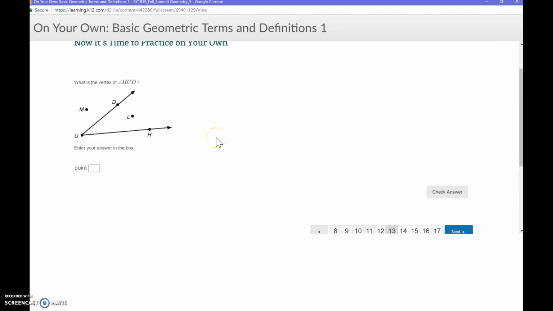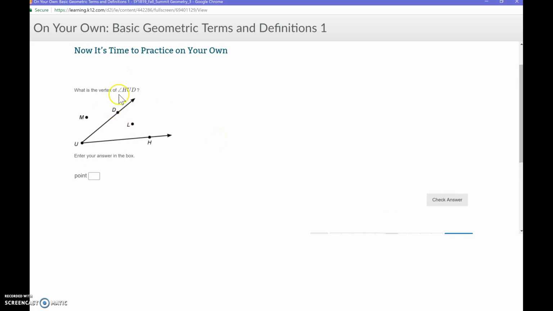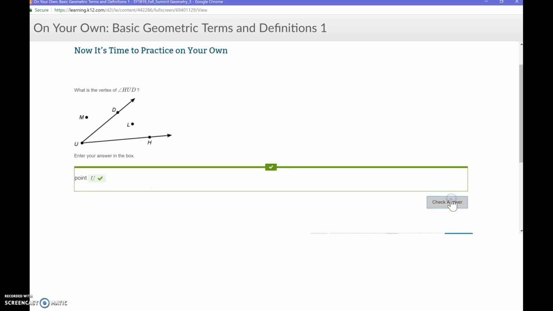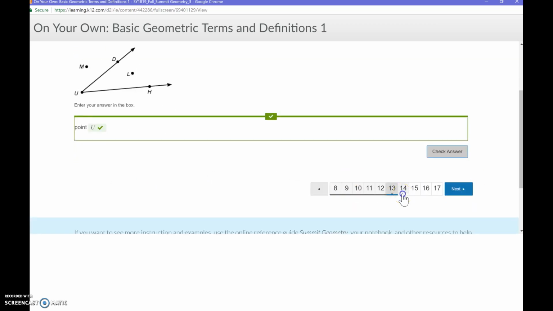Now we can try. What is the vertex of angle HUD? Remember, the vertex is always going to be the middle letter, but we can look and see that the vertex is U, so it's point U, and we type that in. Great job.